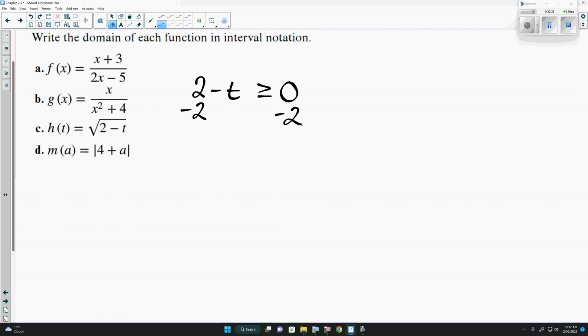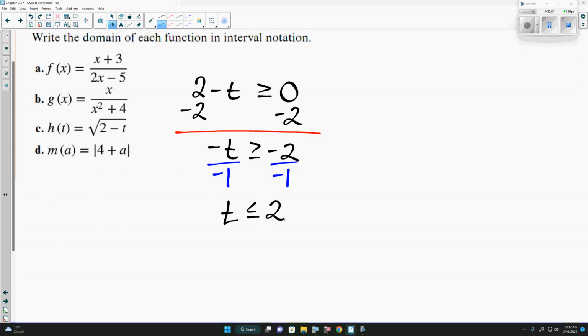So we subtract 2 from both sides, telling us that negative t is greater than or equal to negative 2. Divide by negative 1, telling us that t is less than or equal to 2.